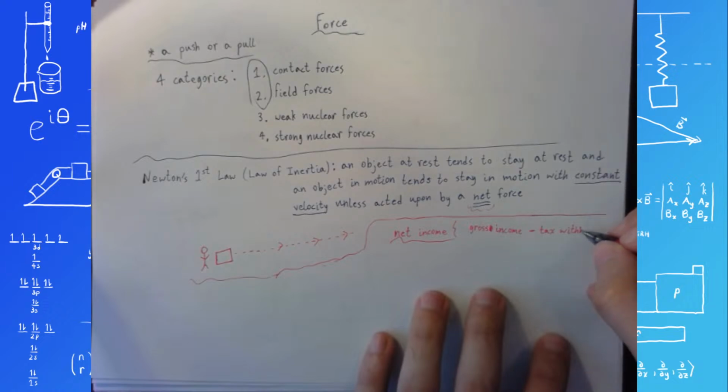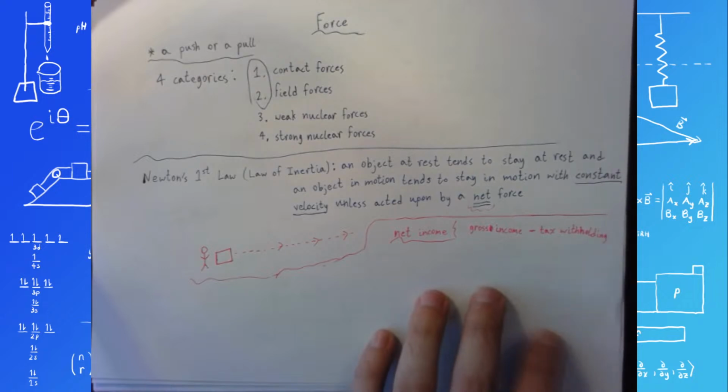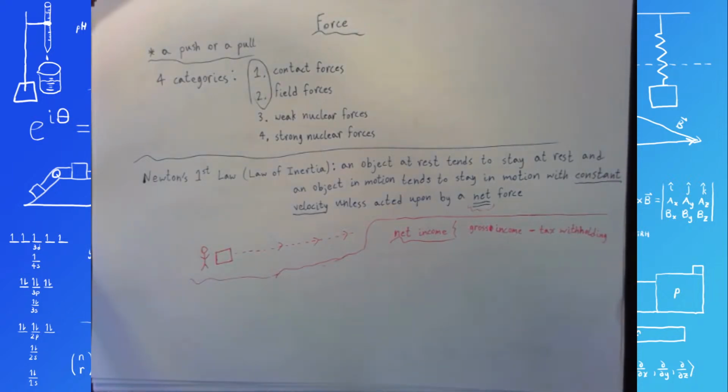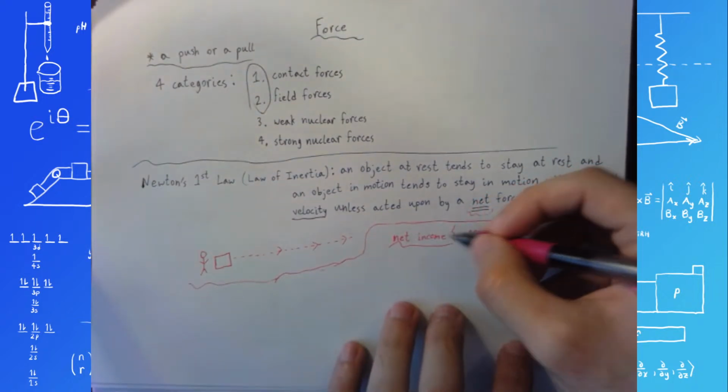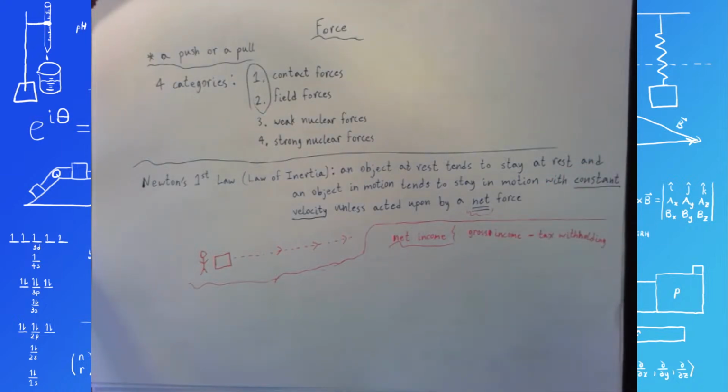I think I've spelt withholding wrong. Does it have two H's or just one? I'm going to go with two H's, although that kind of feels wrong. So gross income minus tax withholding equals your net income or your net pay, however it's phrased on your paycheck.